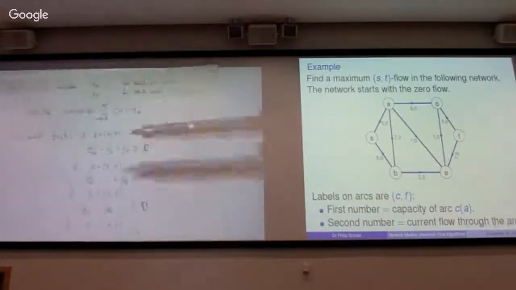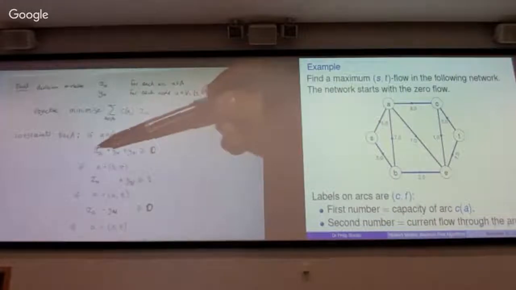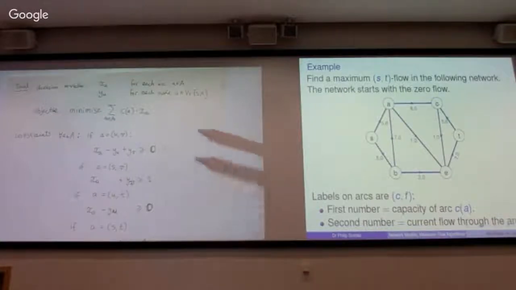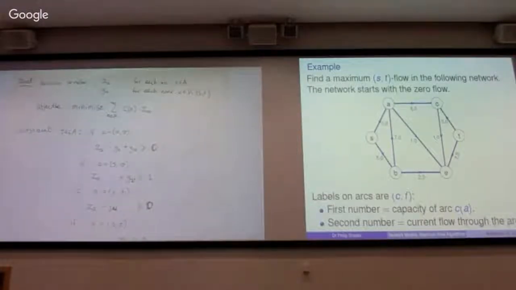So what you get is 1 minus 1 plus 0 is greater than or equal to 0. So it's satisfied. You can check all the cases, but it's probably too late in the day to do it now. But you can check that these constraints are satisfied by the solution.